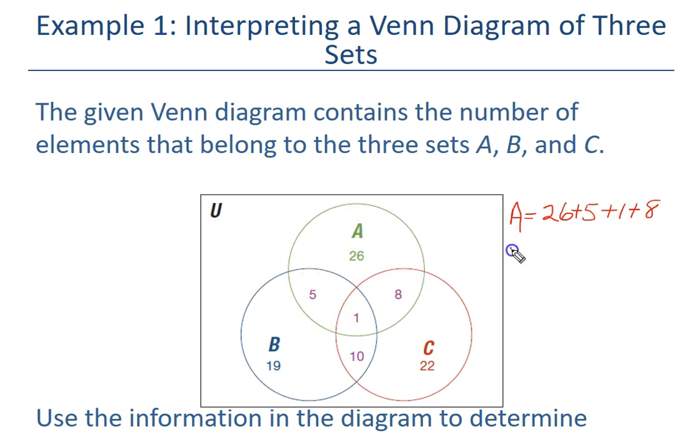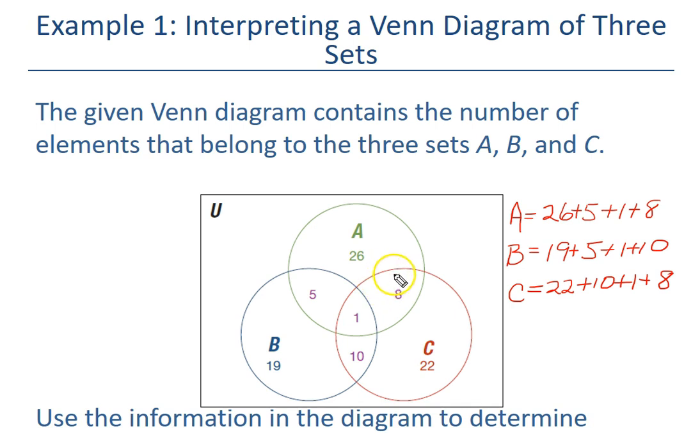How about set B? Well, there would be 19 plus 5 plus 1 plus 10. And C would be 22 plus 10 plus 1 plus 8. Now, if they ask what is the cardinal number in the universe here, remember, we don't allow repeats.